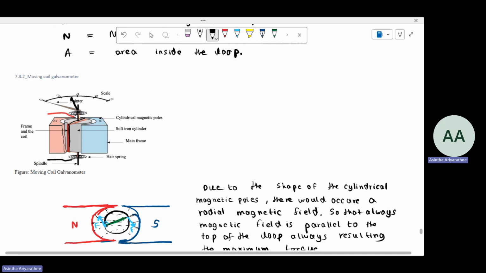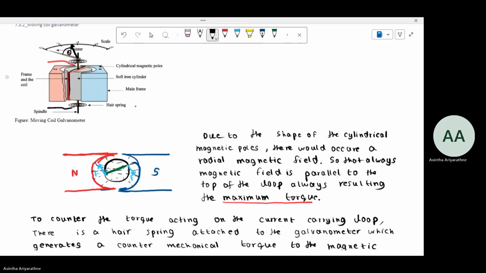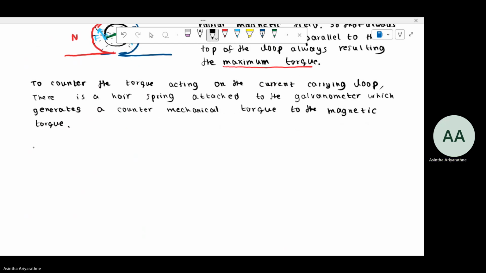After allowing the current to flow through this current carrying loop, the pointer points towards here, and the angle of deviation is theta.